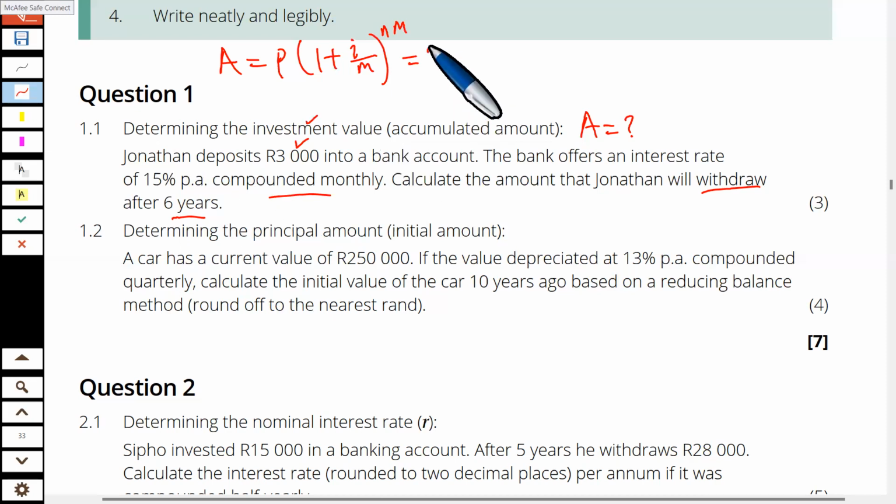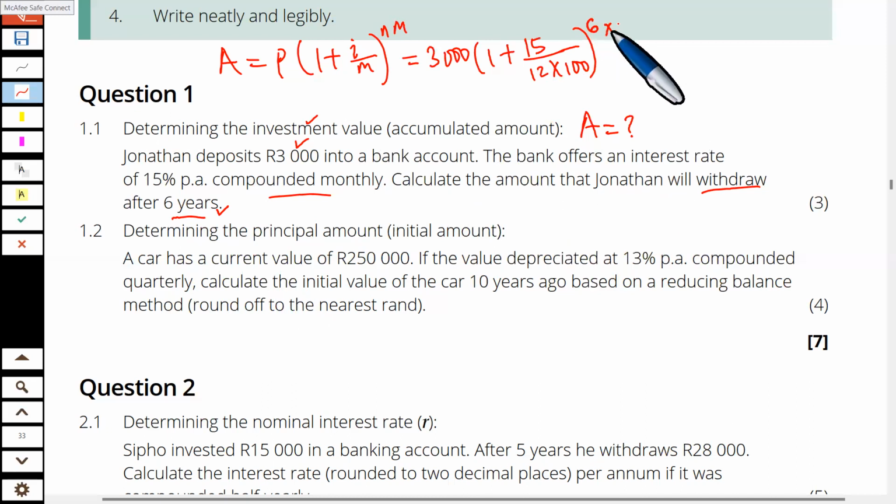He deposits 3,000 into 1 plus 15%. Because it's compounded monthly, you divide by 12, and you also divide by 100 for the percentage. Then you look at how many years: after 6 years.